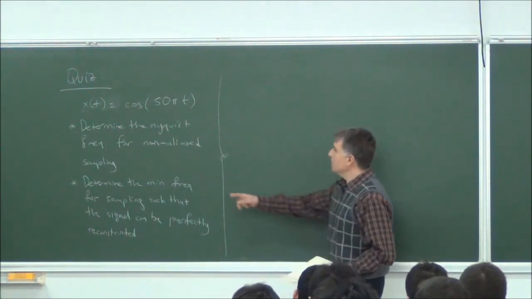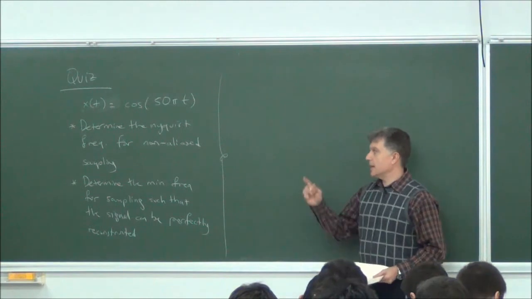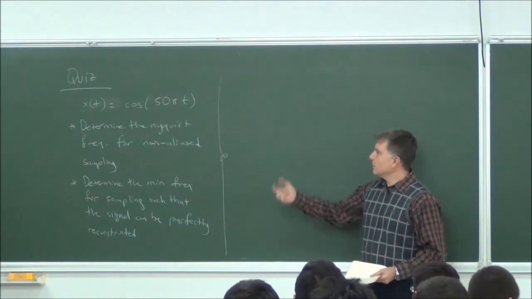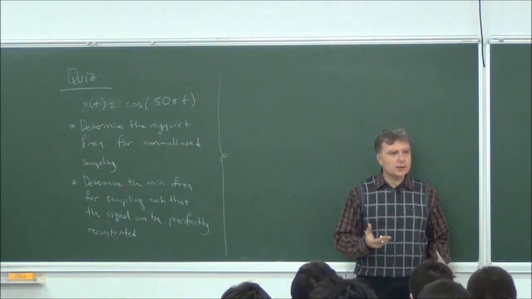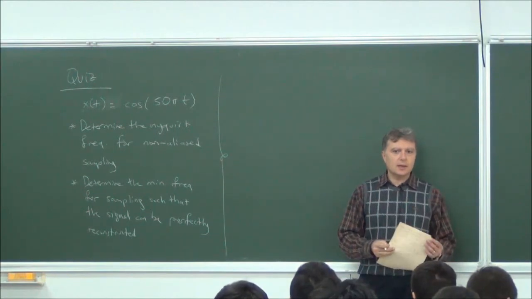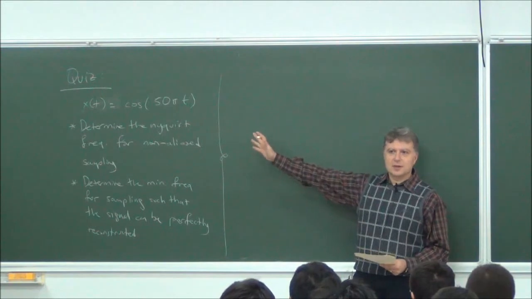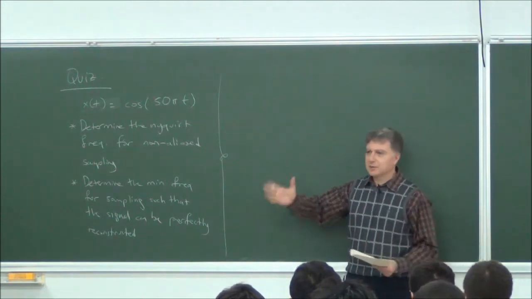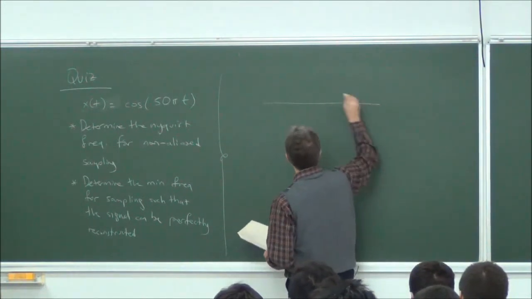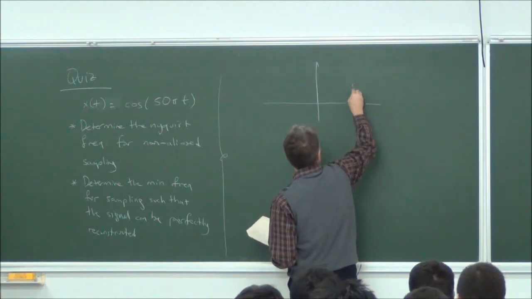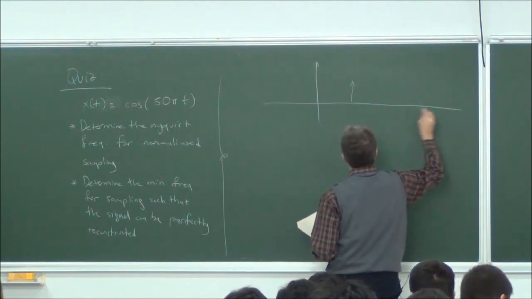From here, what you need to do in order to determine the answer to part A, the Nyquist frequency. The Nyquist frequency is what? It's twice the maximum frequency. There is only one frequency here. It doesn't have a maximum frequency, there's a single frequency anyway. If you draw the Fourier transform of this thing, this is what you will see.